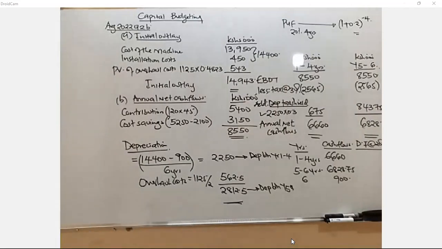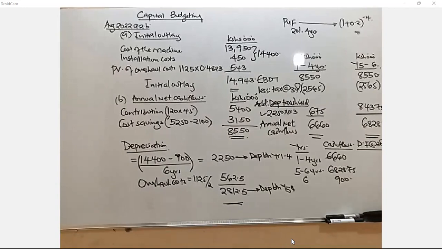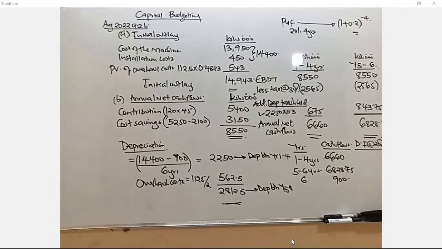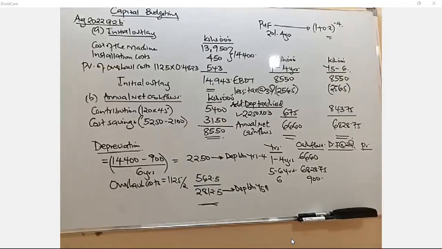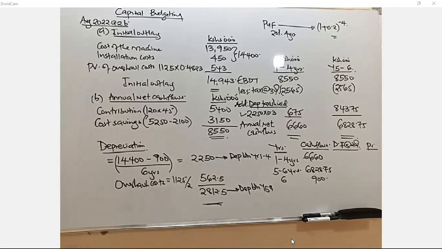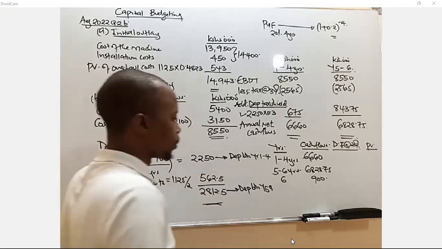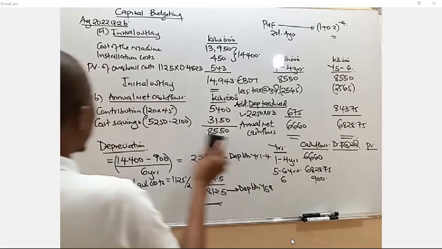Now, after this computation, the most important thing which I will be able to teach you is what this is and how I am supposed to compute it in an exam. What does it mean?